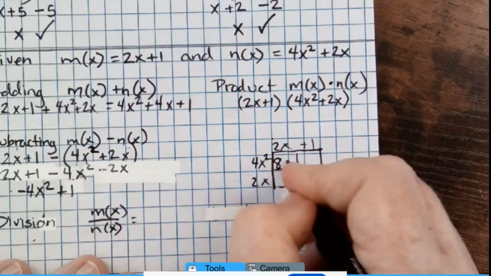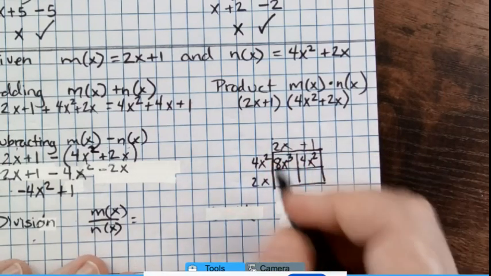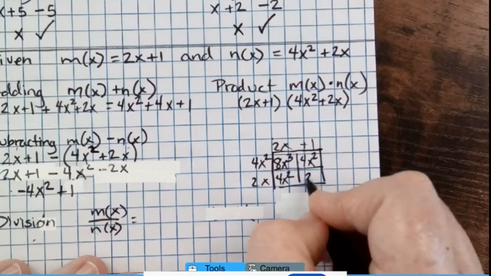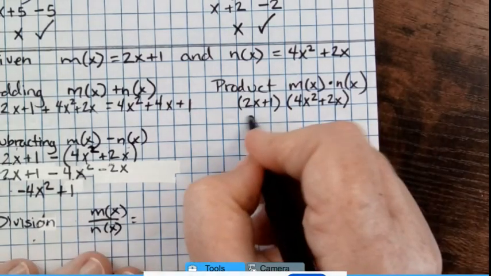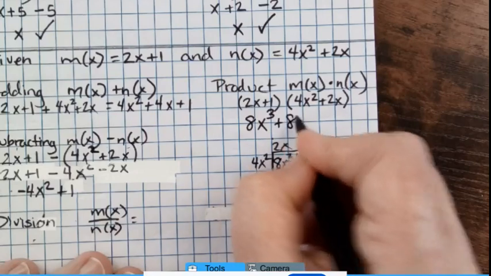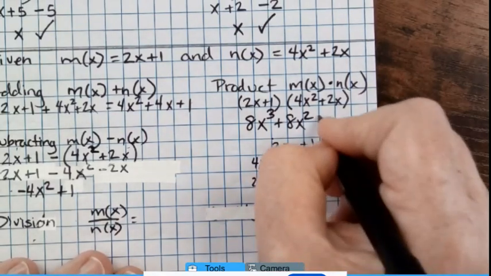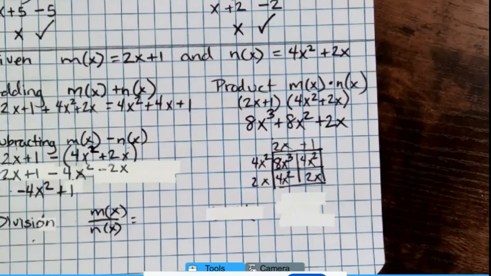So I've got 8x cubed, 4x squared, 4x squared, and 2x. So if I combine my like terms, I've got 8x cubed plus 8x squared, because these are our like terms, plus 2x. That would be your answer to that one.